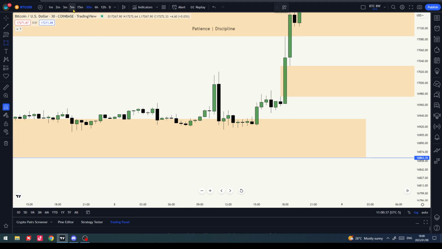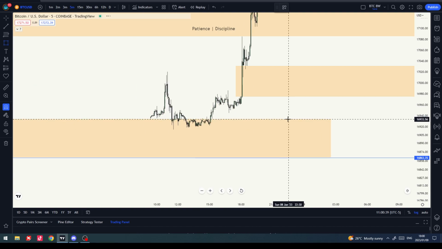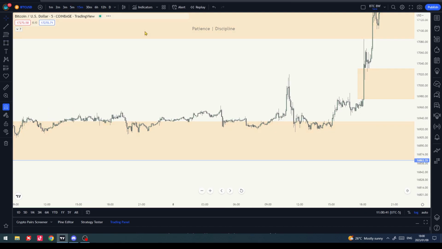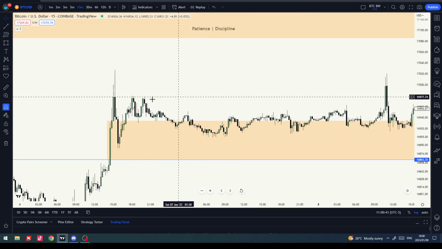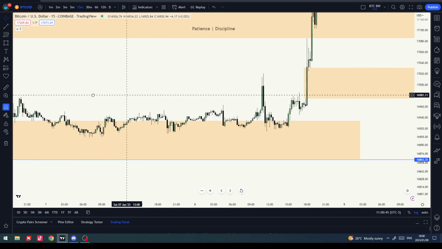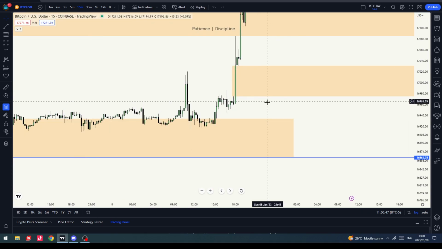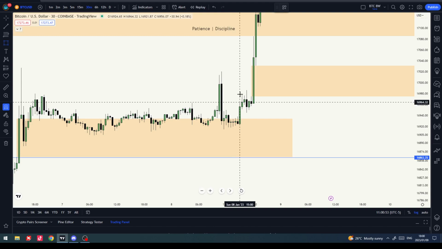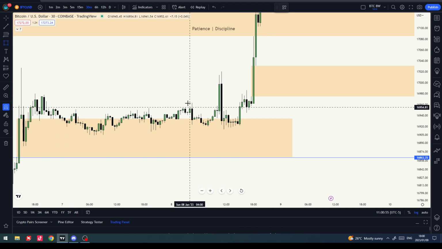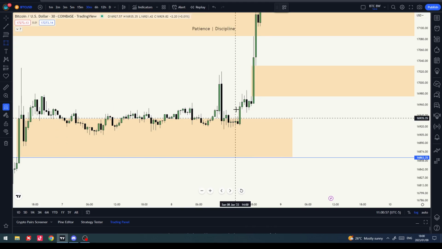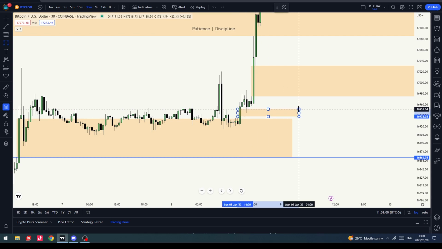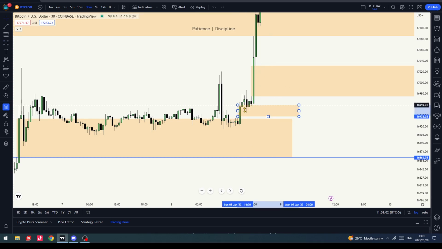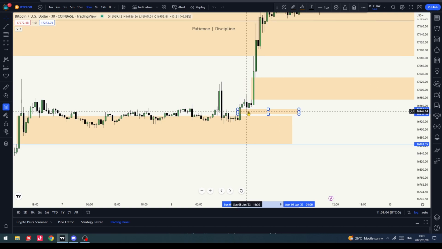If you go down to a lower time frame, let's go M15, we get a clearer picture. Not even so clear here. M30 here, right? M30 to H1 should give you clear FEGs. So this was the FEG here that led to the expansion of price.